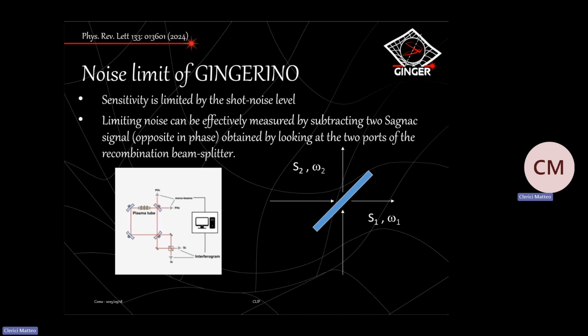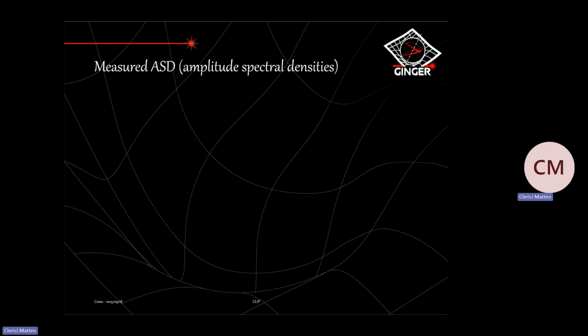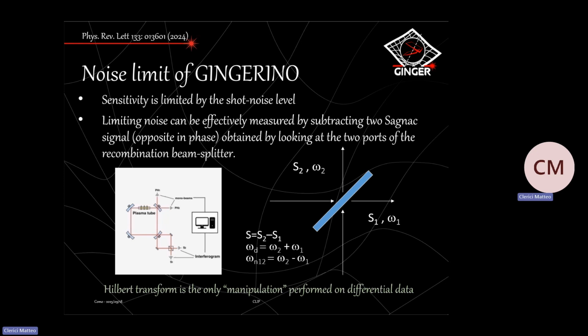So first, after a while that we were trying to measure the noise and to get the noise essentially from a deep analysis of the data, we took from quantum optics the differential measurement. So what is the standard method to measure the Sagnac?